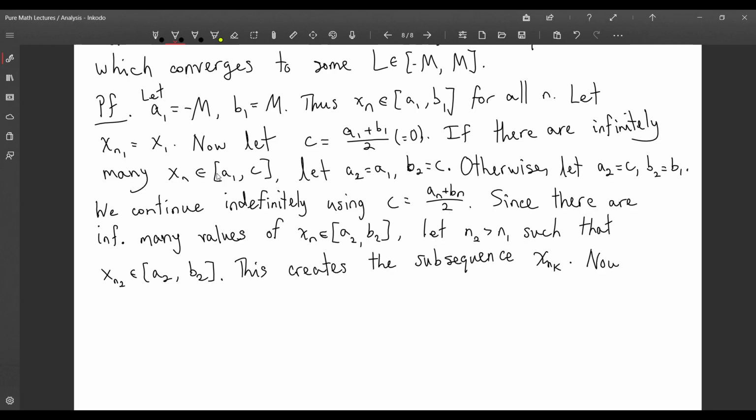Now, the length of these intervals, b sub k minus a sub k, and I'm going to put this in absolute values, even though this is going to be non-negative.